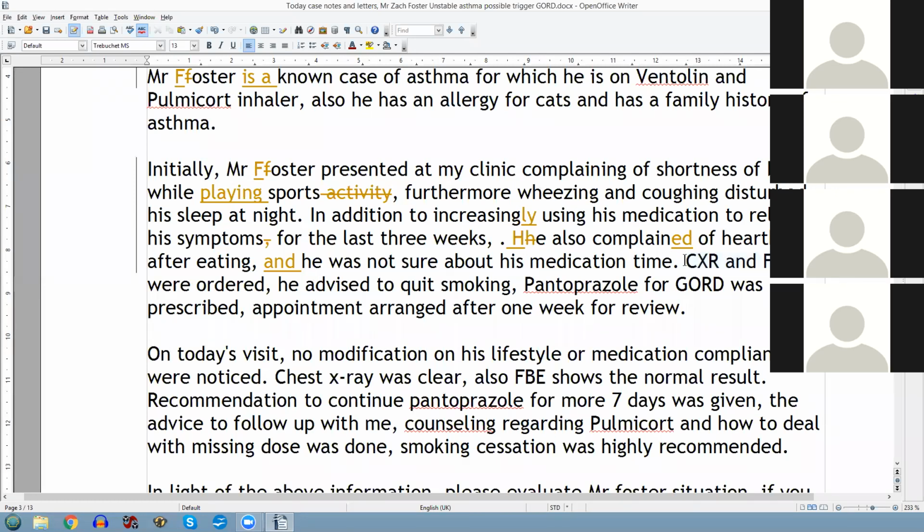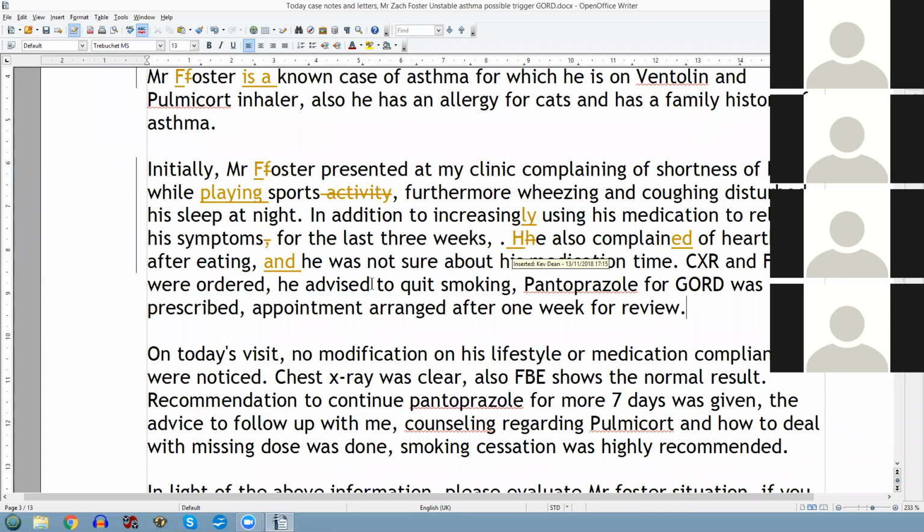Usually, you spell out the acronym first, and then afterwards you can use it. So you would spell out what CXR and FBE and GORD are, and then you would put the abbreviation in brackets, and every subsequent usage you can just put the abbreviation. So were ordered.